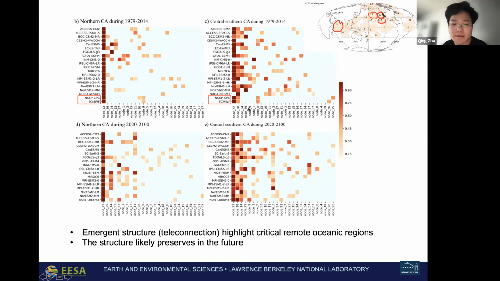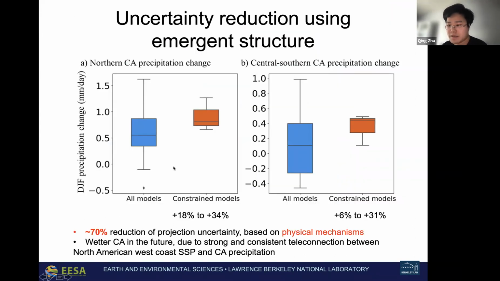But at least here we can easily check the observation, the red box highlighted heat map. Compared with different models, we can see some models totally miss those connections or causal structure, and some models are doing better. But most models say this observed pattern will be conserved, or will be persistent in the future. And then we use this information to constrain the model future projection, saying, okay, which models are more confident at which level.